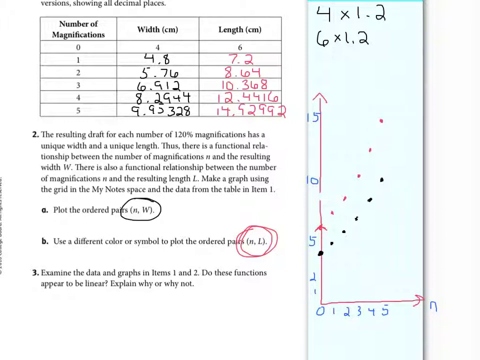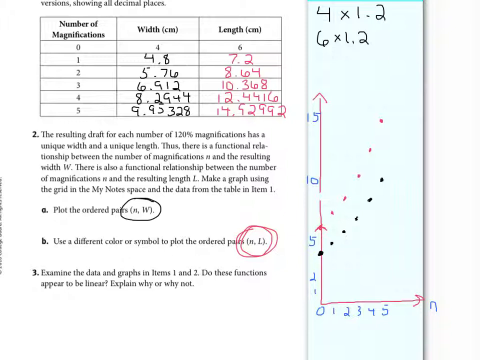There we go. And if we look at those, they're not exactly linear. They're not in a straight line. They're kind of curving up a little bit. And I want you to think about why that is happening. Well, in a linear function, aren't you adding the same thing each time?